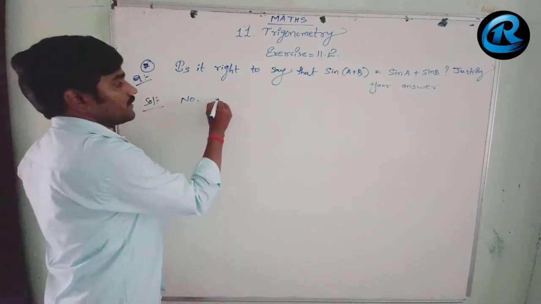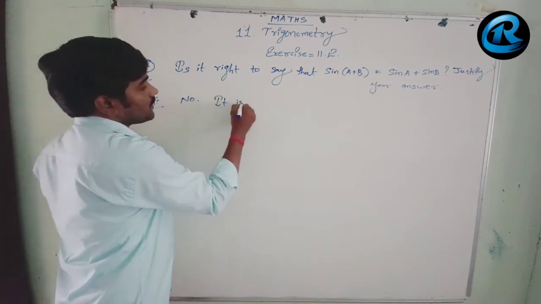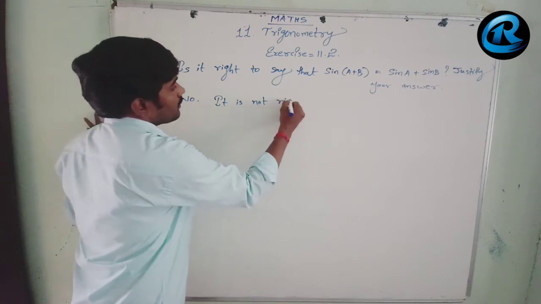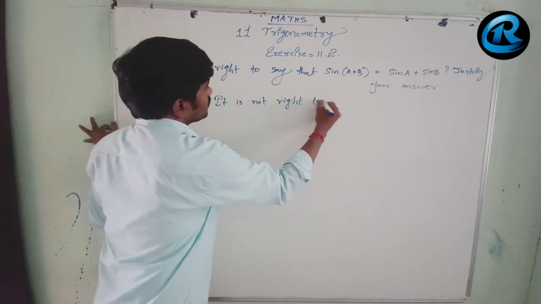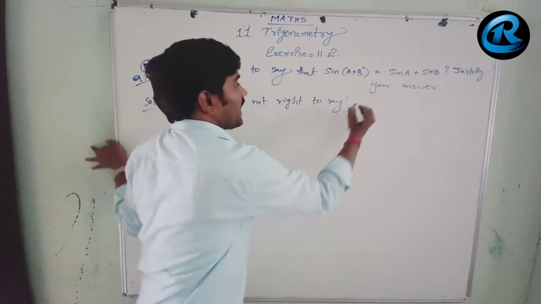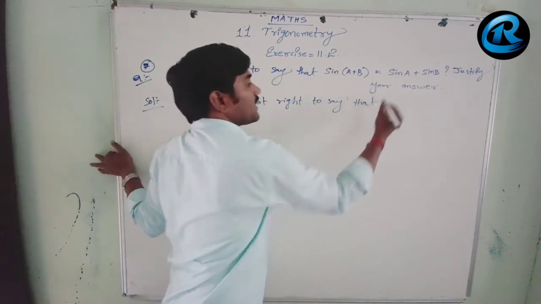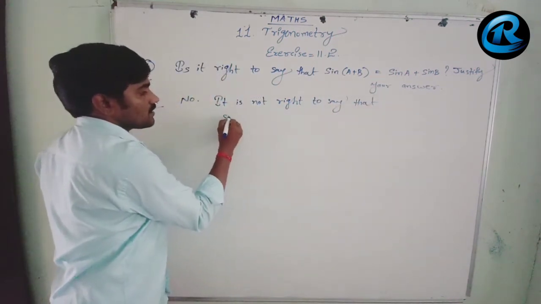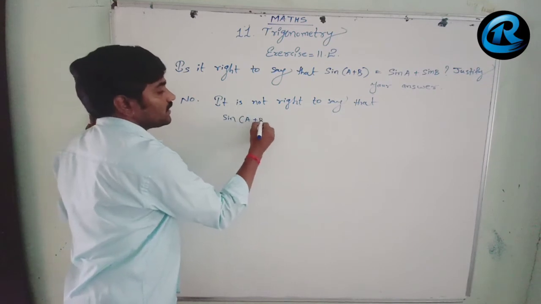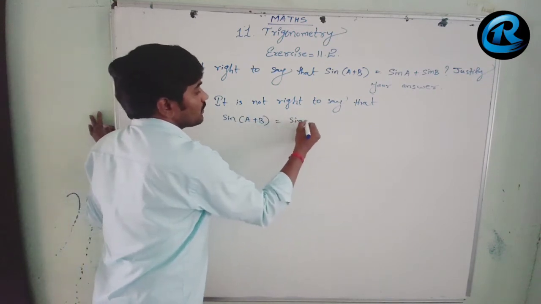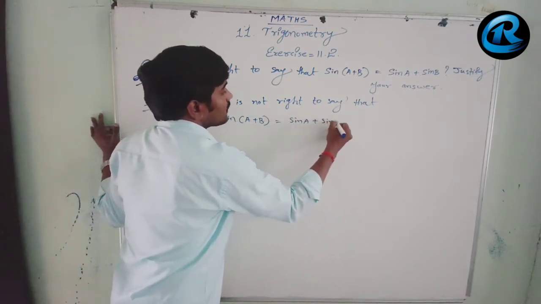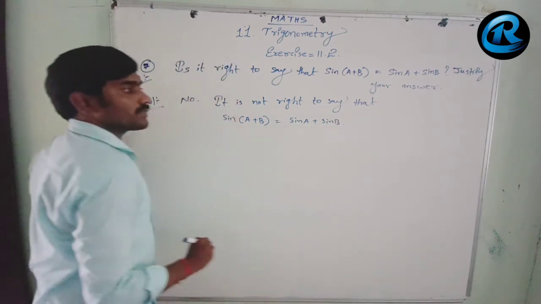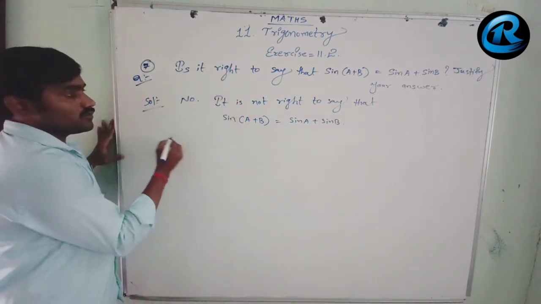It's not right to say that sin A plus B equal to sin A plus sin B. So why? How? Justification.